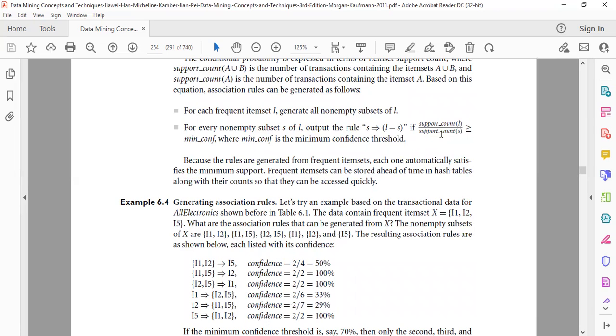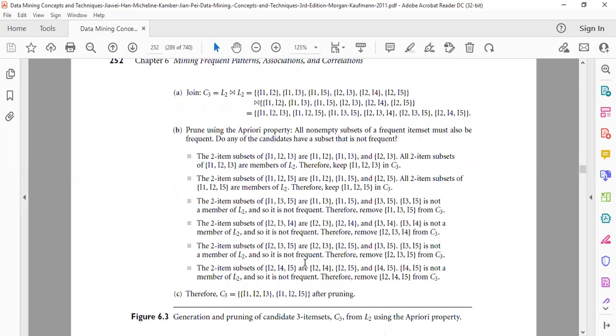Now comes support count of S. Support count of S means the subset part, which is on the left hand side. So I'll find the support count of I1, I2, I1, I5, I2, I5, I1, I2, and I5 from the tables which we had generated previously. As you can see, the support count of I1, I2 is 4.